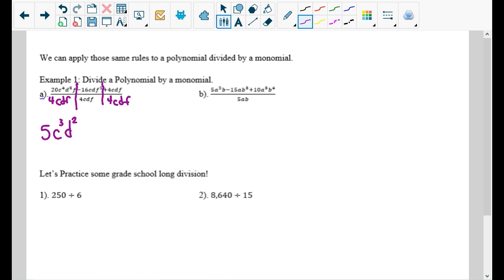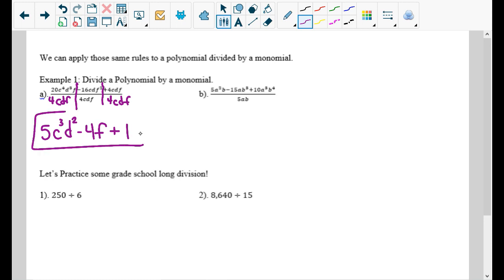In the second term now, 16 divided by 4 is 4, so a negative 4. c divided by c is 1, d divided by d is 1, f squared divided by f, 2 minus 1 is just 1f. And my last term then, 4 divided by 4 is 1, c divided by c is 1, d divided by d is 1, and f divided by f is 1, so just a 1 there as a placeholder.